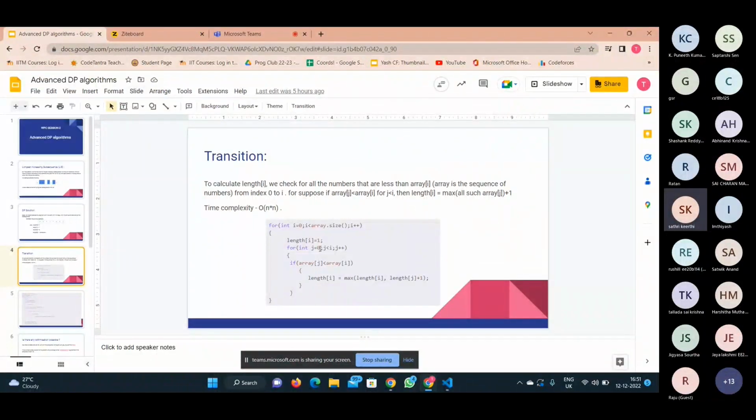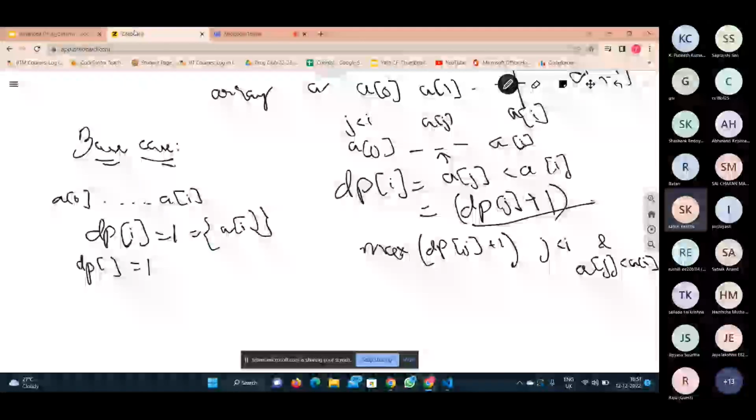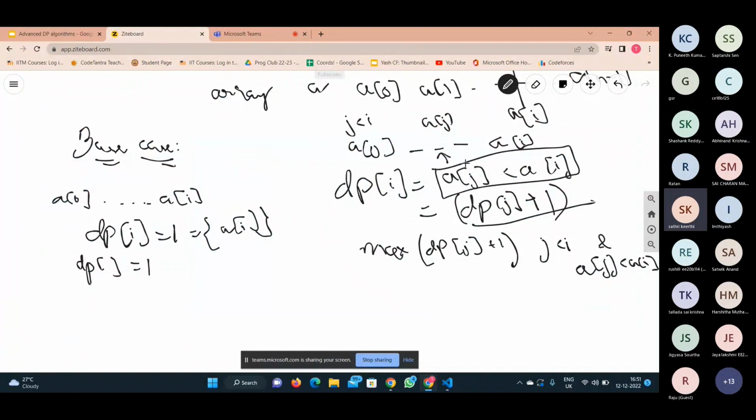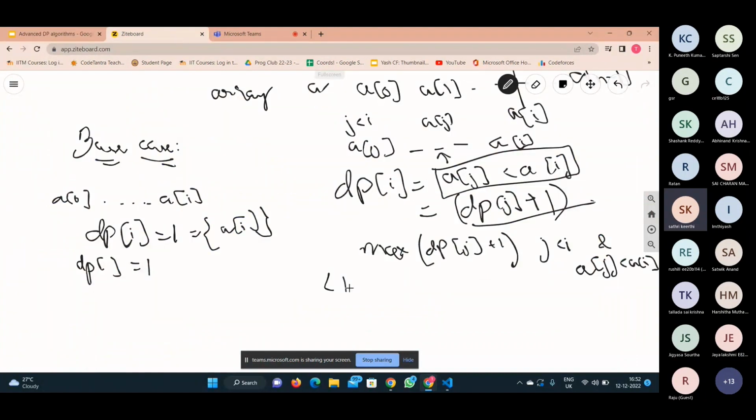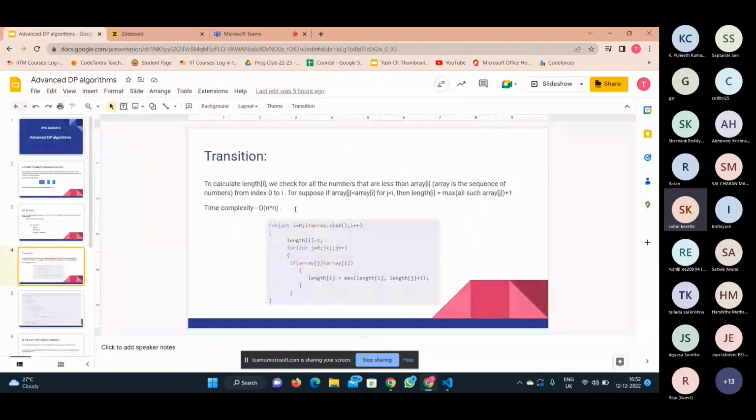And from j equal to 0 to I, we are checking if A of j is less than A of I. If so, we'll update length of I to the maximum of length of I and length of j plus 1, so that by the end of the loop we'll get only the maximum value. What we get is the length of the longest increasing subsequence considered from 0 to I, with the ith index term as the last term. So this is the transition.